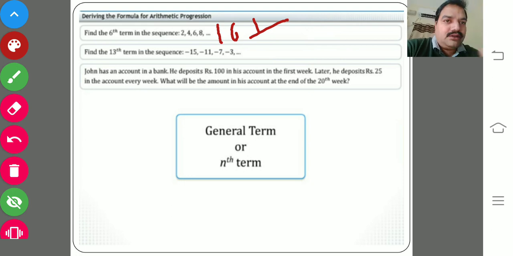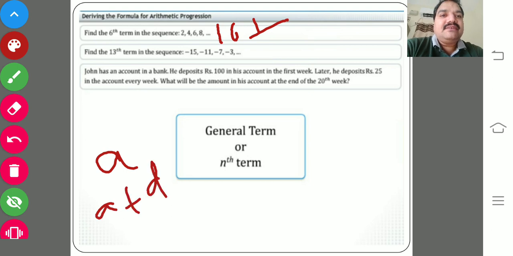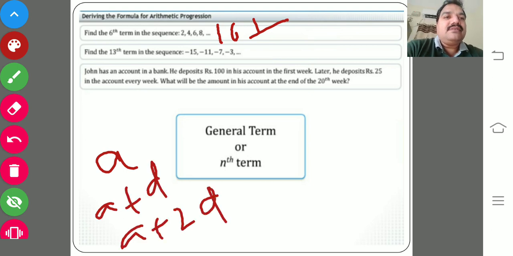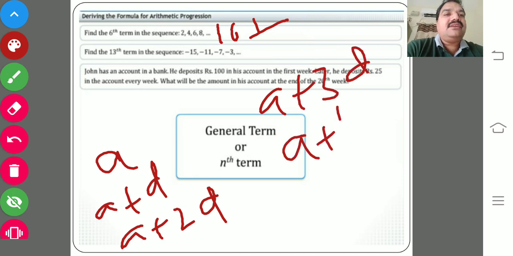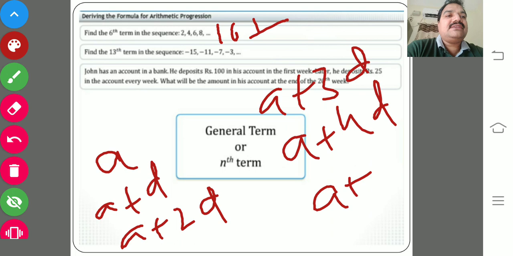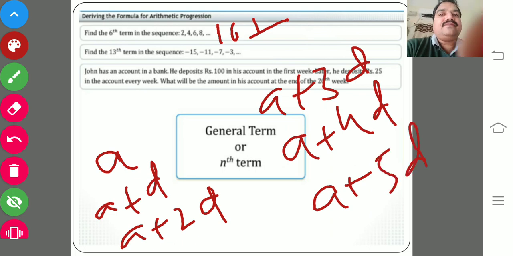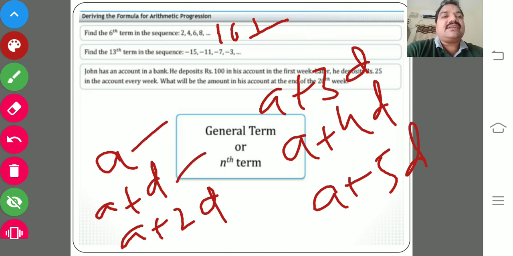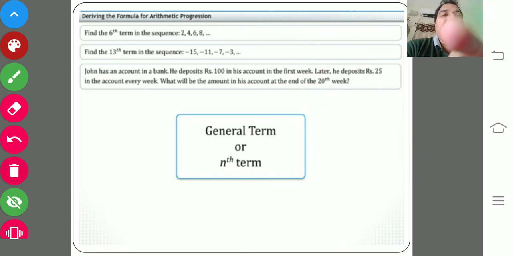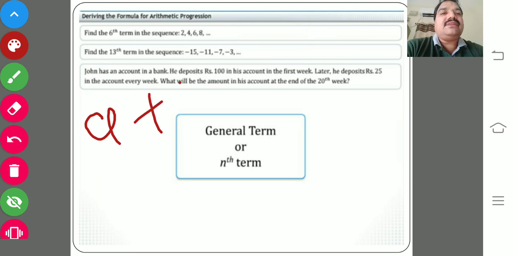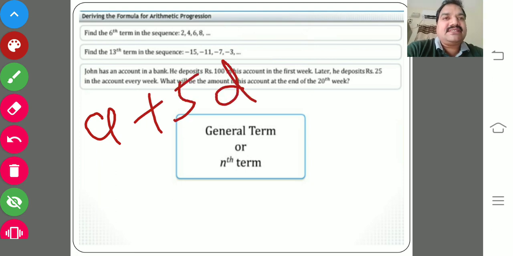You already know the arithmetic series: A, A plus D, A plus 2D, A plus 3D, A plus 4D, A plus 5D. You want to know the sixth one. This is the first term, second, third, fourth, fifth, sixth. So A plus 5D is the sixth term.